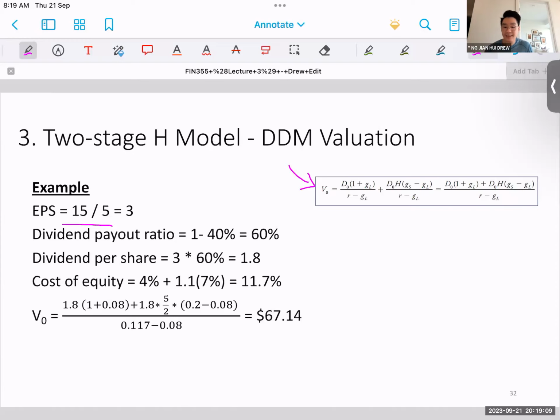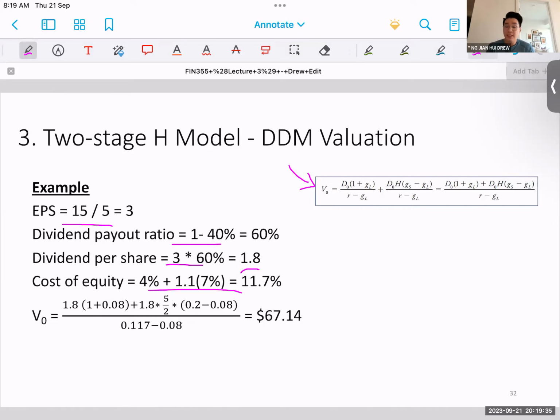We do the EPS, we do the dividend payout ratio, and we know that the amount of dividend paid out is basically just your EPS times the payout ratio of 60%. So we pay out 1.8. So the question is kind of similar to what we saw earlier. We calculate the cost of equity, which is given here, using the CAPM model.